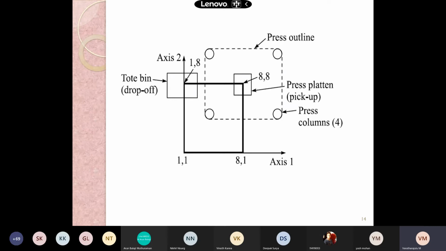Here we have a dustbin. The robot must drop the parts in the tote pan located at 1 8, and one of the columns of the press is in the way of an easy straight line move from 8 8 to 1 8. So the robot must move its arm around the near side of the column to avoid colliding with it.